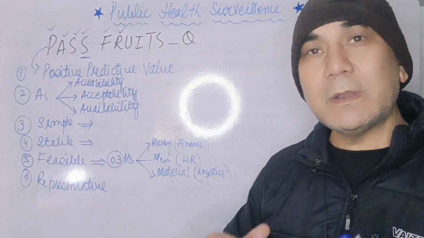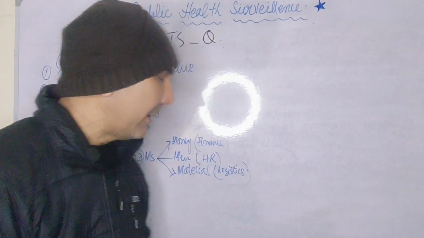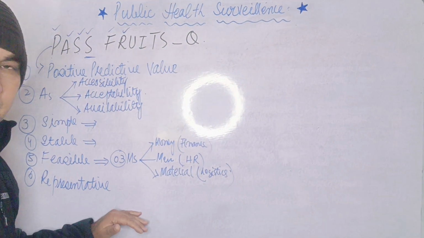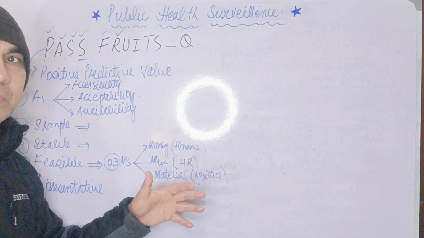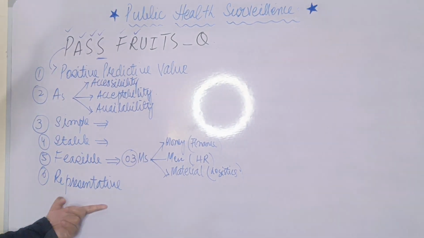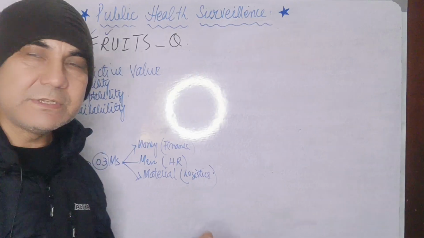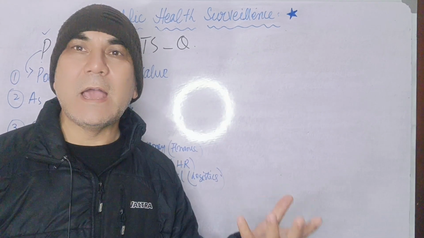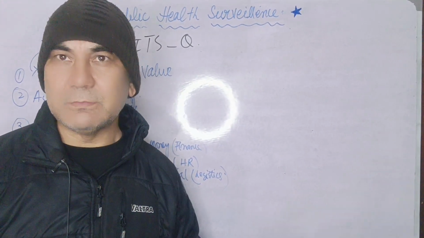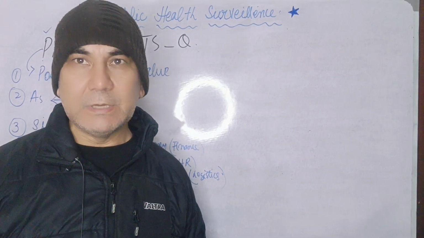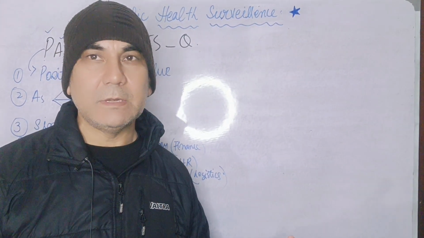If it is more representative, it is more generalizable. The result or data of that surveillance is more generalizable and more acceptable on a larger scale.